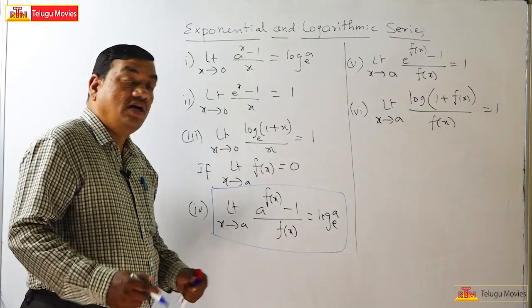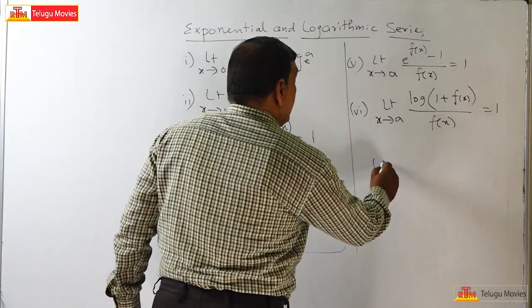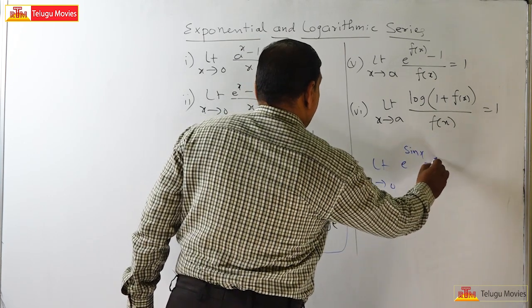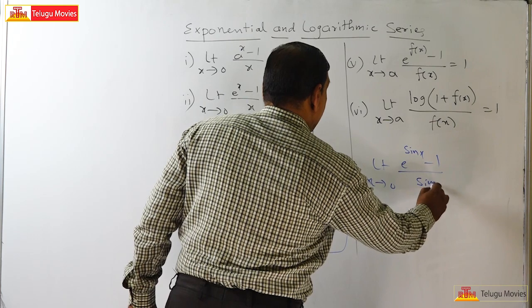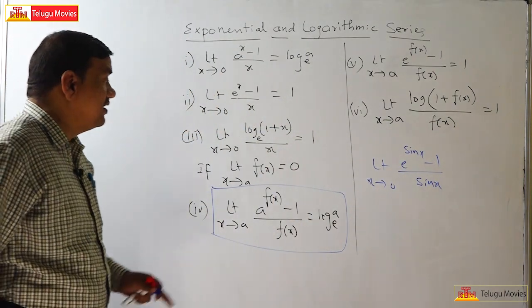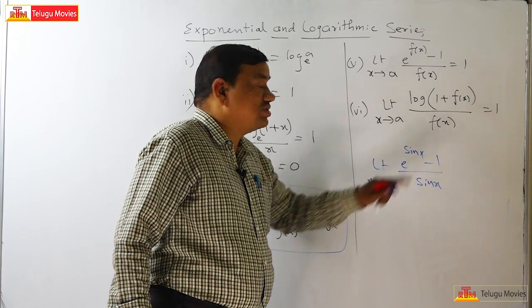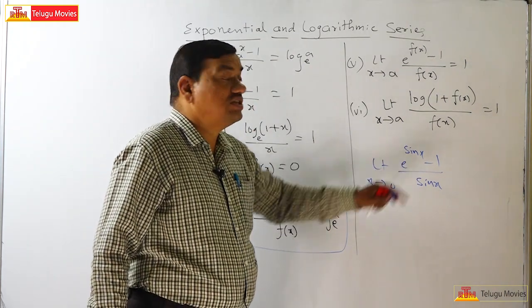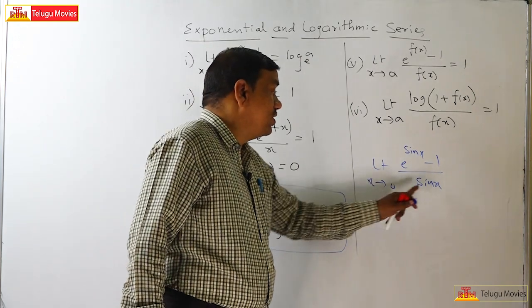For example, limit x tends to 0, (e^sin x - 1)/sin x. See here, limit x tends to 0, sin x is equal to how much? 0. Here also 0.